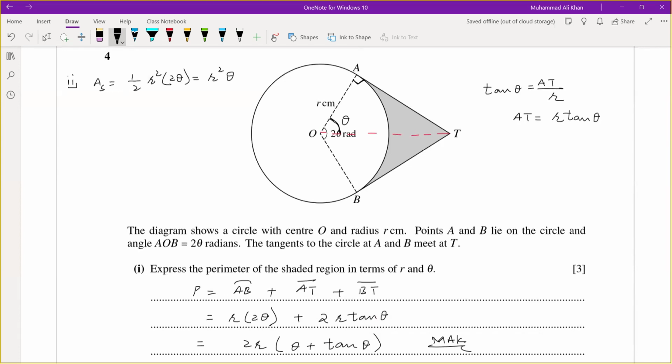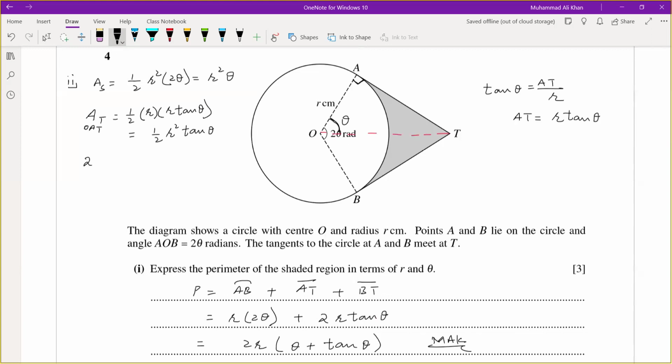Area of the sector. Now, area of triangle OAT equals half base is r, and the height is r tan theta. So therefore, it will be half r squared tan theta.